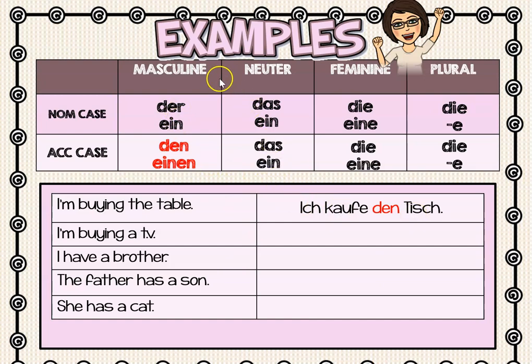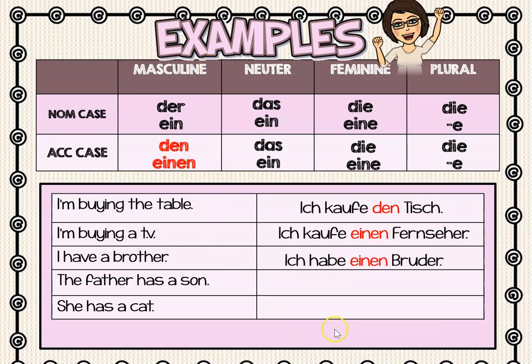Tisch is masculine, masculine noun used as a direct object, den. Same thing for I'm buying a TV, except now we don't have the TV, we have a TV. So I am the subject, Ich kaufe einen Fernseher. TV is masculine and it's einen.